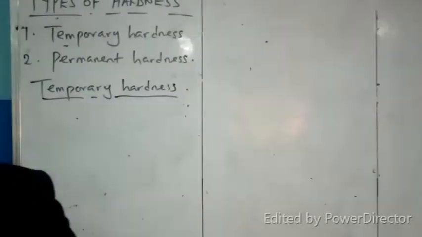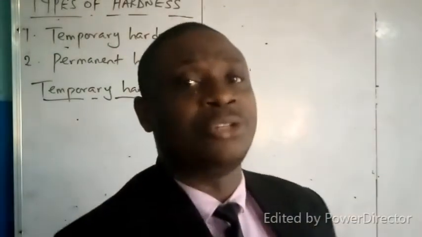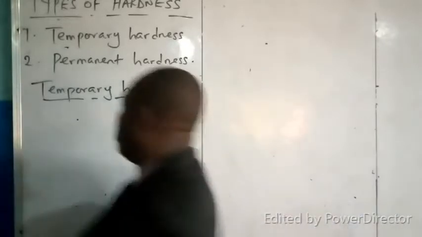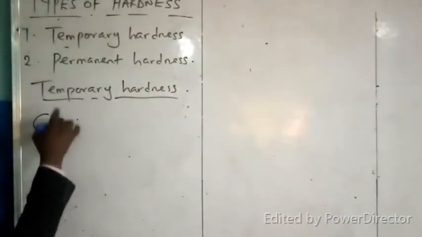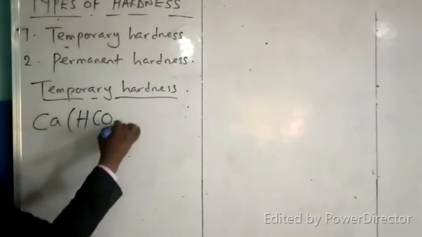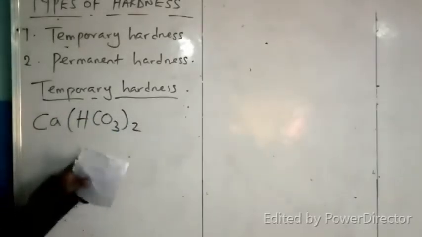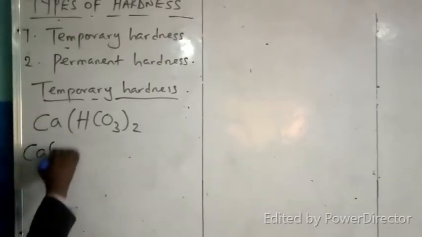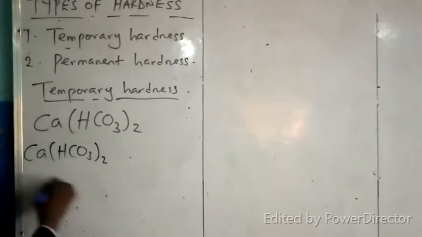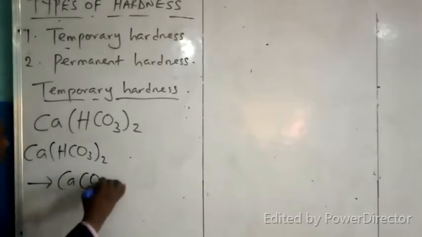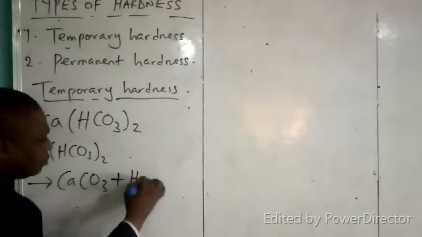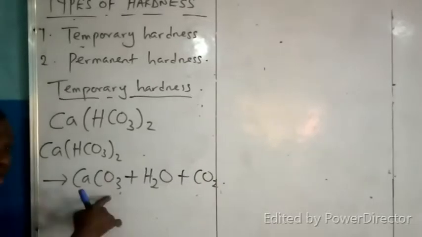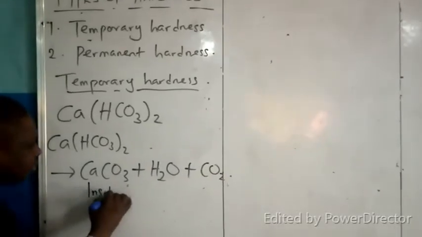This is as a result of the presence of dissolved calcium hydrogen trioxocarbonate 4, which decomposes on heating. So in this case, we have the substance that is responsible for its temporal hardness, which is this. And when this is heated, it decomposes to give us calcium trioxocarbonate 4, and the calcium trioxocarbonate 4 is insoluble.